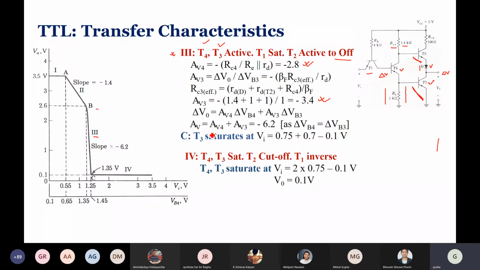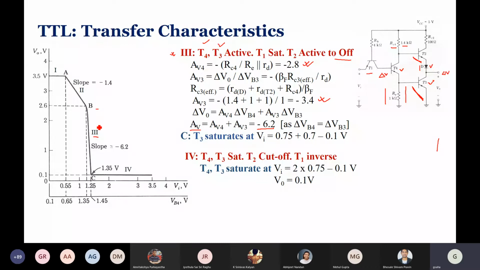And if you consider them together, you get the total gain, which is of the order of minus 2.8 plus minus 3.4, which is minus 6.2. Beyond point B, of course, it will not be a straight line the way it is being shown here. Of course, it will gradually change.